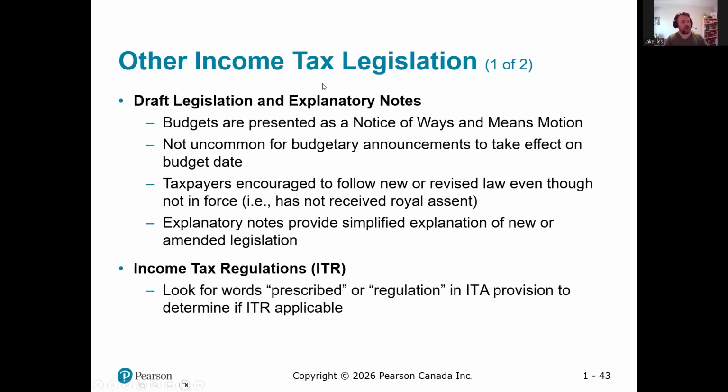Okay. When they want to make a change to the tax legislation, they'll put out some draft legislation, some budgets, and then taxpayers are encouraged to review those and give feedback so they can refine certain laws.